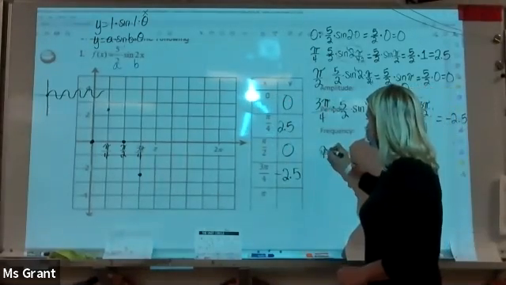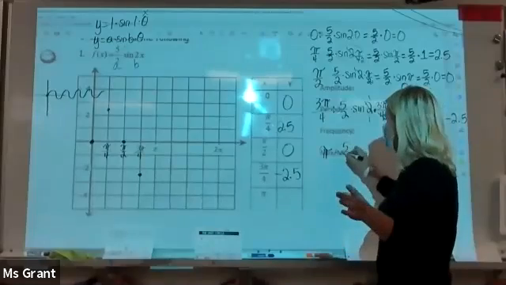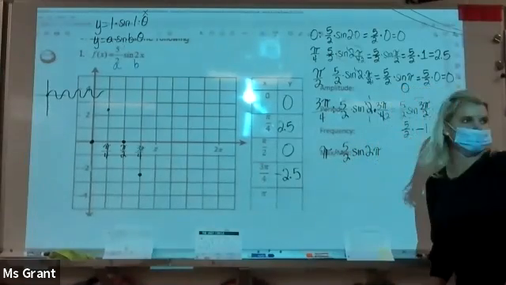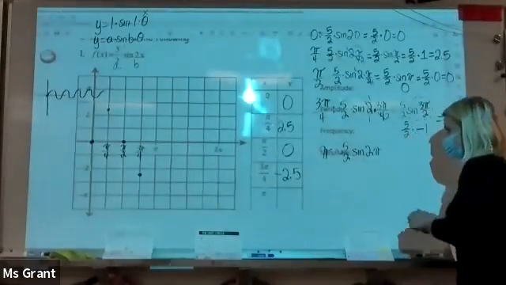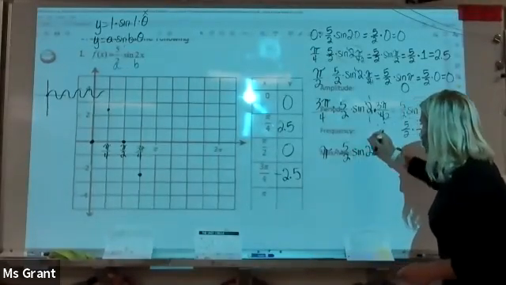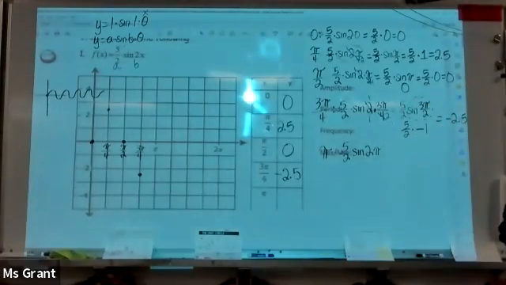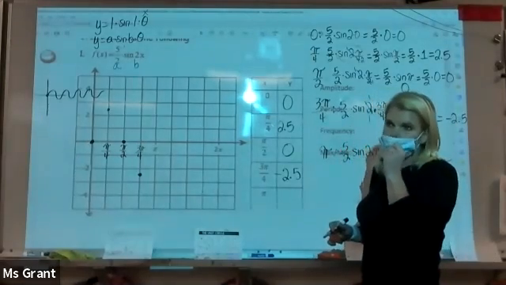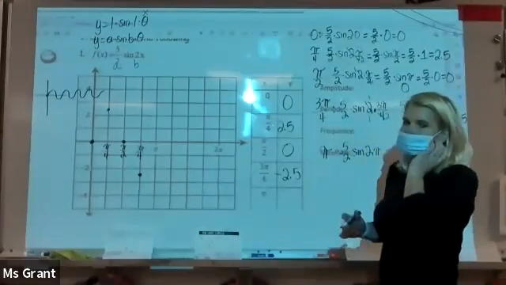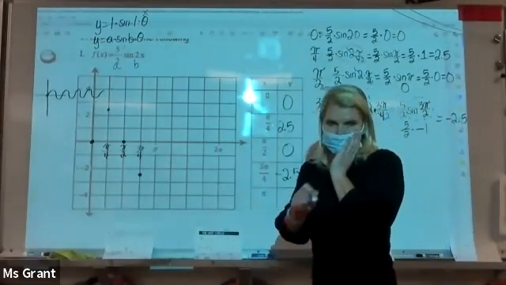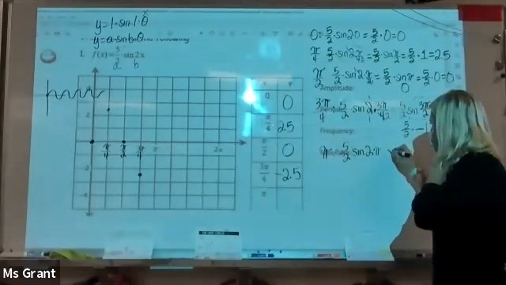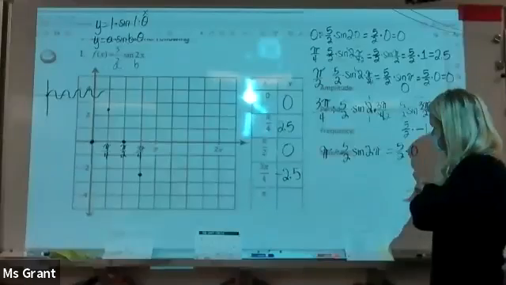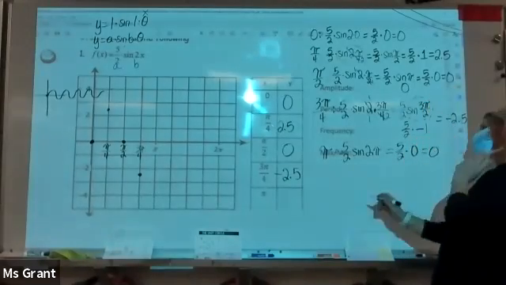5/2 times the sine of 2 times pi. This is what I'm doing on my unit circle. What's the sine of 2 pi? The y value back at 2 pi, which is the full rotation, right? So it's 5/2 times 0, which is 0.